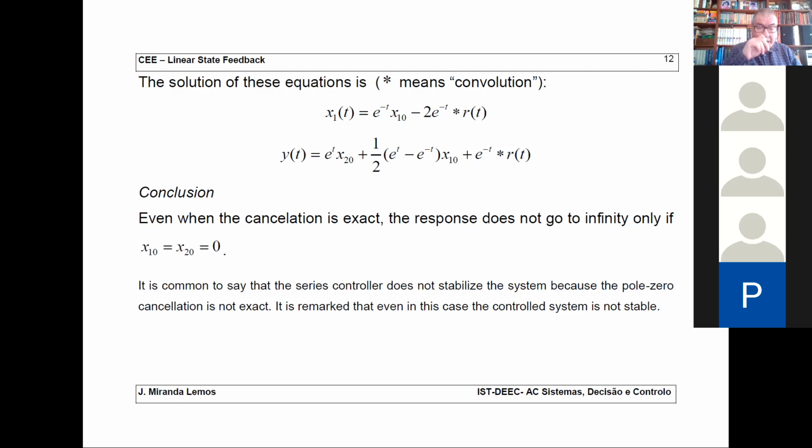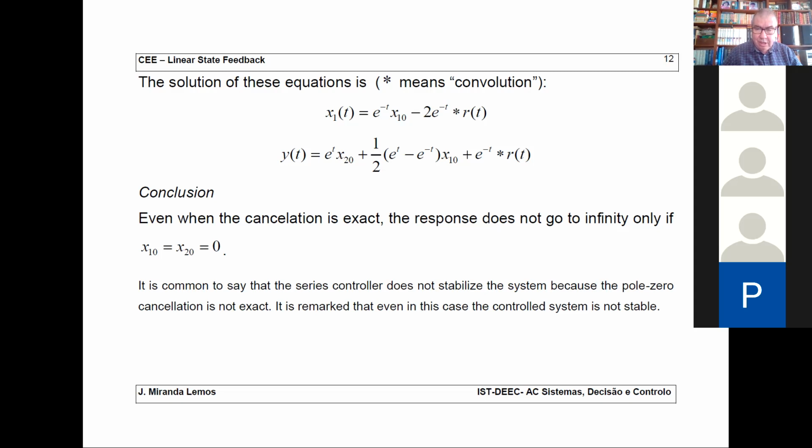So you have a pole which is minus 1. But then the initial conditions are associated to eigenvalues associated with the unstable pole.